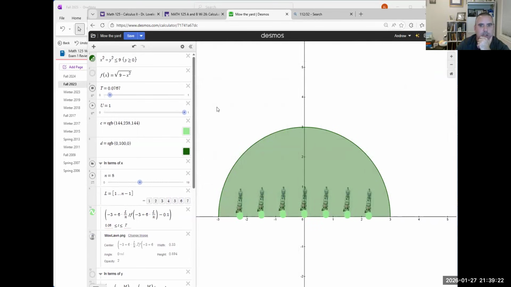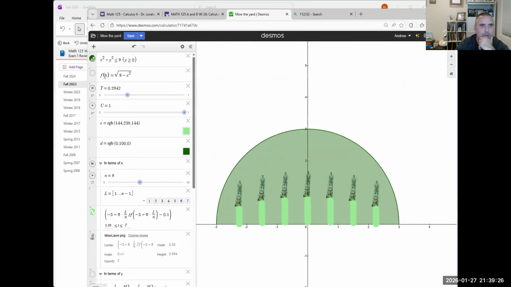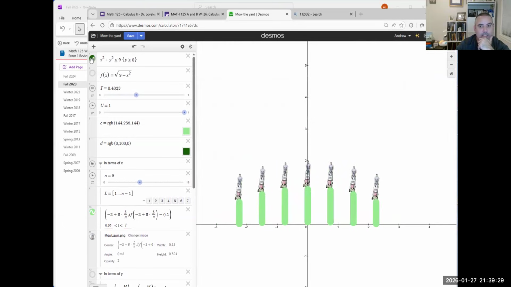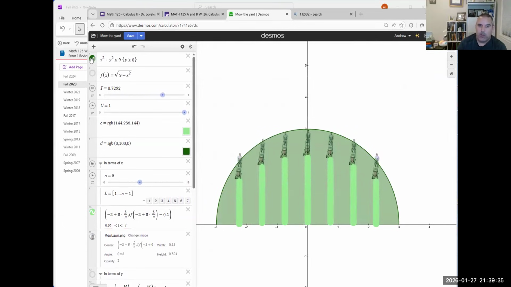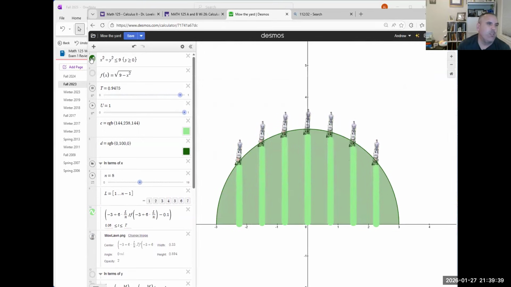And go. So there you go. Since I mentioned the lawnmower today, the lower bound is 0. The upper bound, when I stop mowing that strip, is the square root of 9 minus x squared. So yeah, I can do more subdivisions.